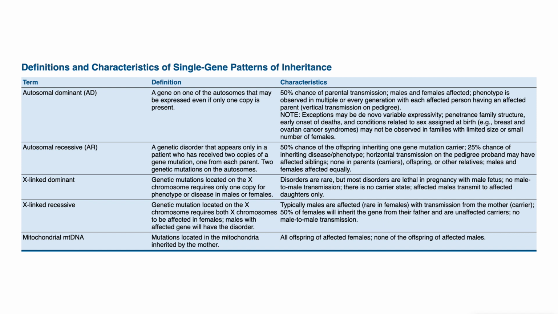And the reason is that when an X and a Y come together to form a zygote, the Y doesn't carry anything but basic genetic information. It doesn't carry cytoplasmic information, which includes the mitochondria and the mitochondrial DNA.